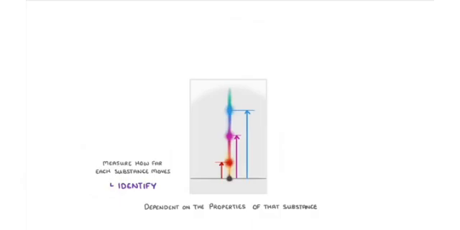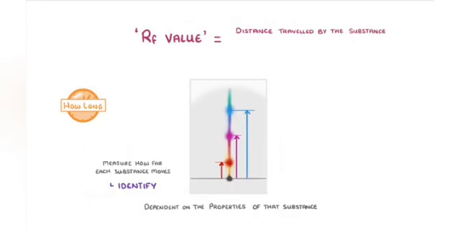How far each of the chemicals moves, though, is also going to depend on how long we leave the experiment. So instead of comparing the actual distance, we instead calculate a ratio called the RF value, which is equal to the distance travelled by the substance divided by the distance travelled by the solvent.